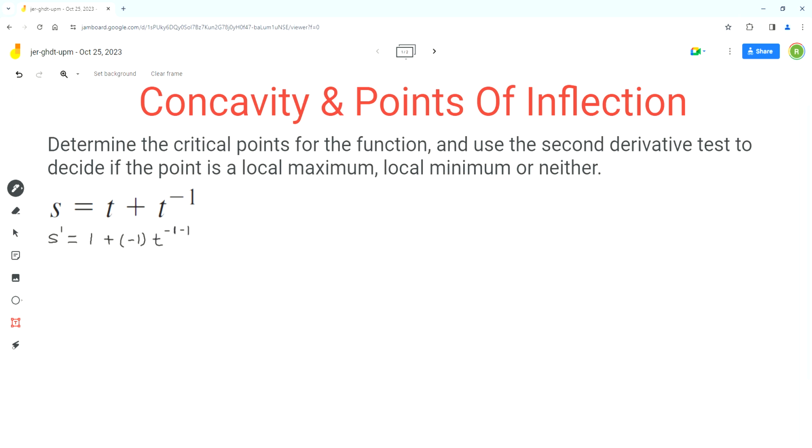Now we can simplify this expression. The second term will become a negative term and the exponent is -2. Now we can move the t term to the denominator to make the exponent positive.